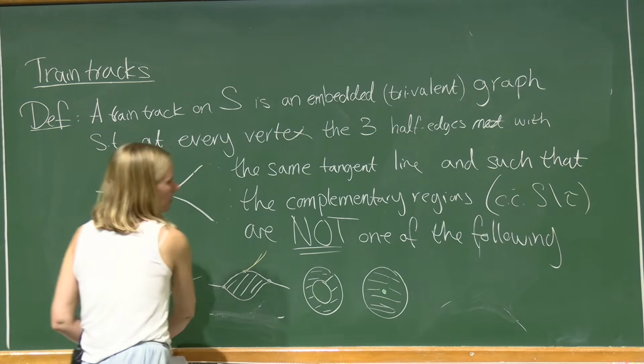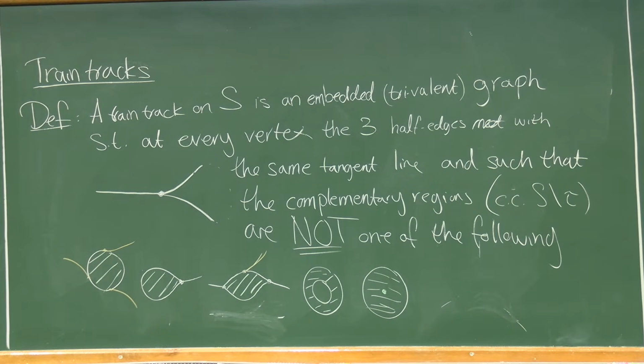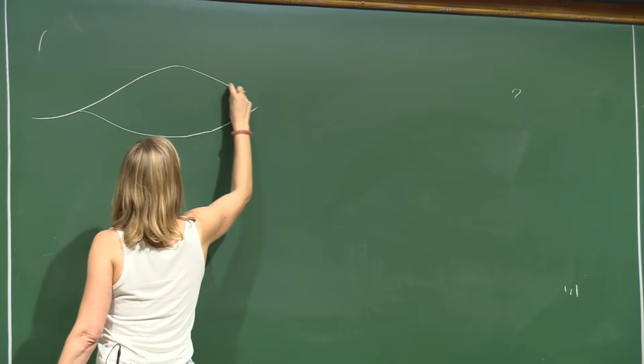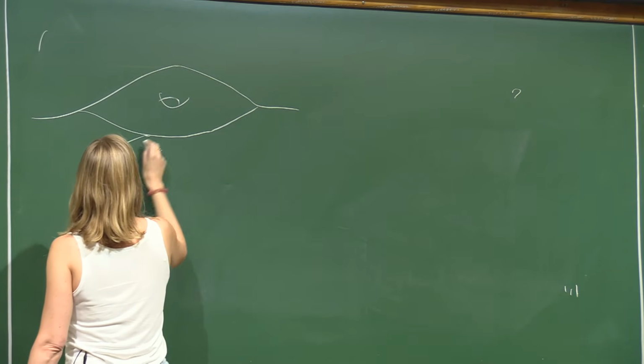So maybe draw a more complicated example. Maybe we'll have something like, maybe here's a genus, here's something else.